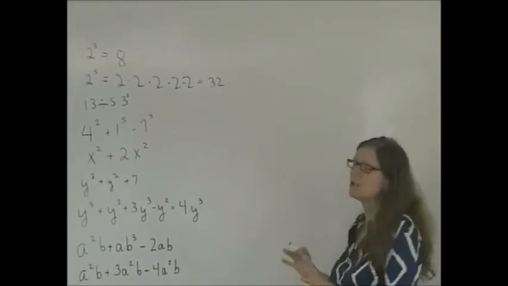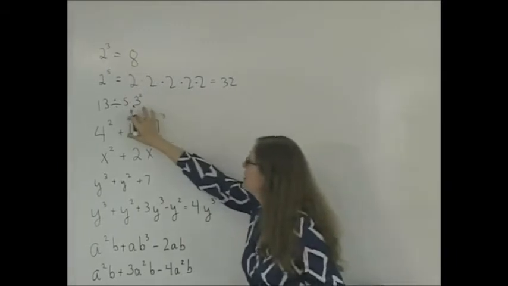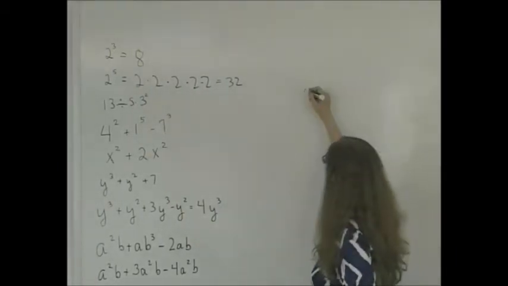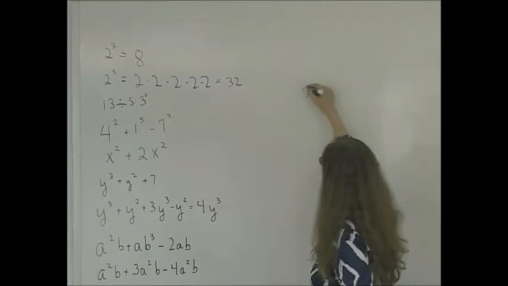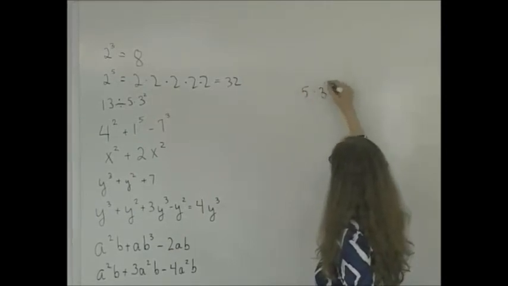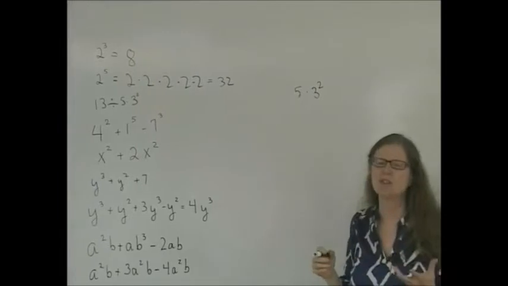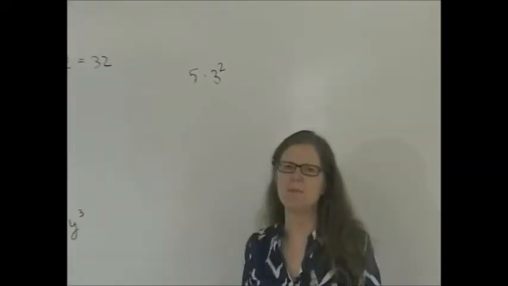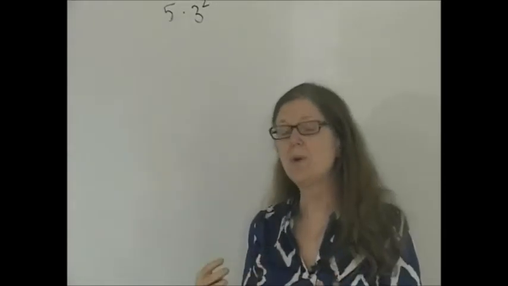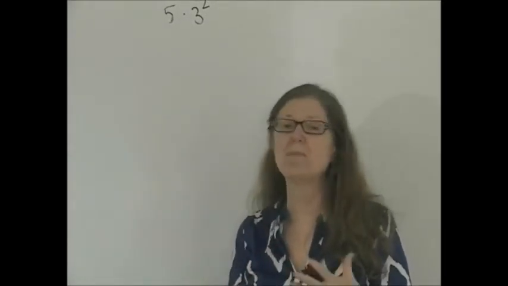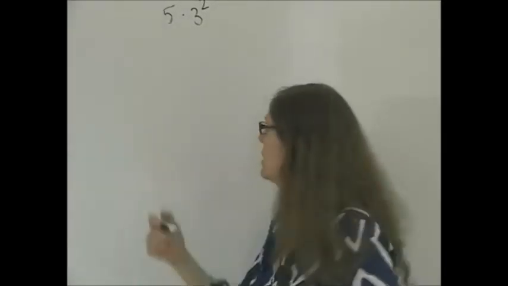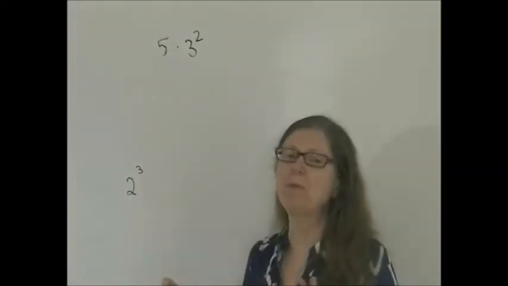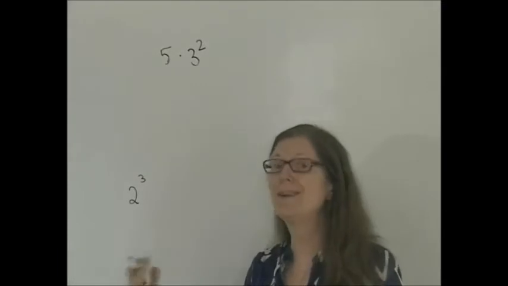First, I want to just look at the expression that we're dividing by, 5 times 3 to the 2nd power. 3 to the 2nd power is also called squared. So when you have an exponent of 2, sometimes they use the word square, and when you have an exponent of 3, sometimes the word cube is used. Like if you said 2 to the 3rd, some people will call that 2 cubed.